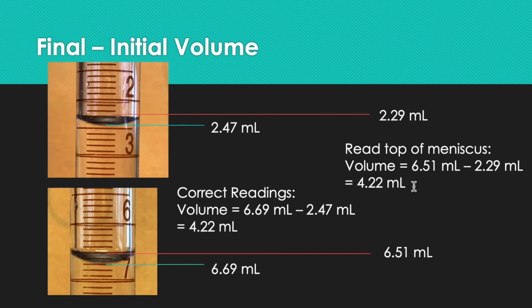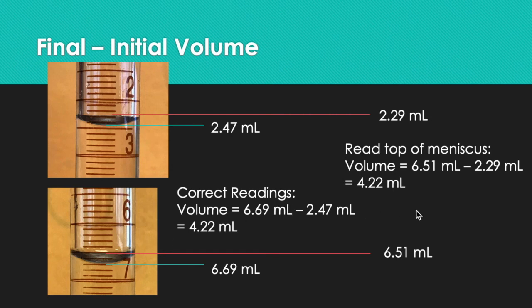But if both of your readings are 0.18 milliliters too small, then the difference between the readings is going to give you the same volume. So if you made this type of error using a burette, as long as you made the same kind of error both times, you would get a very close result to the correct readings.